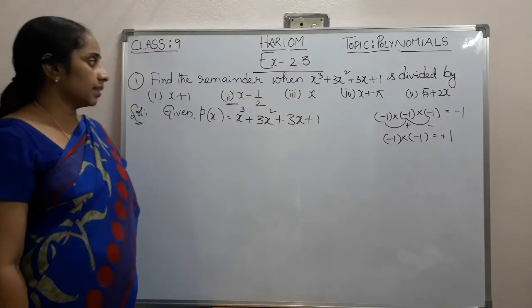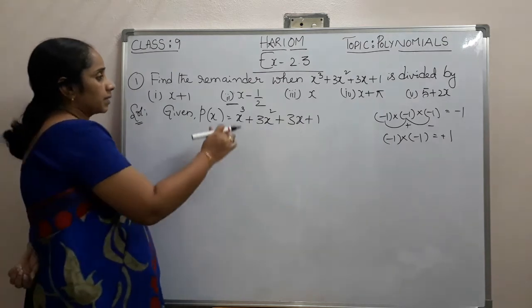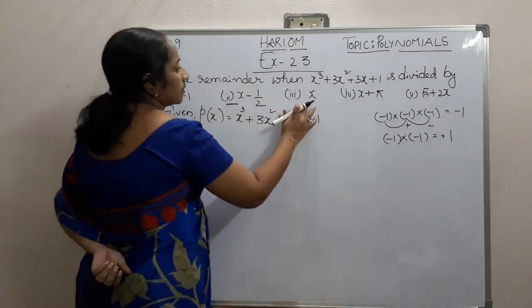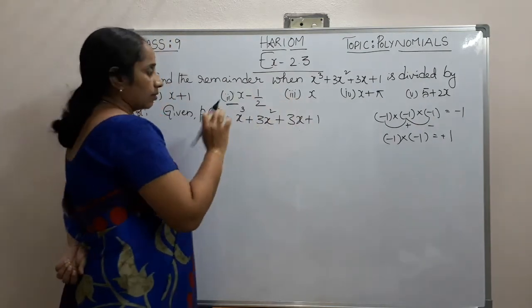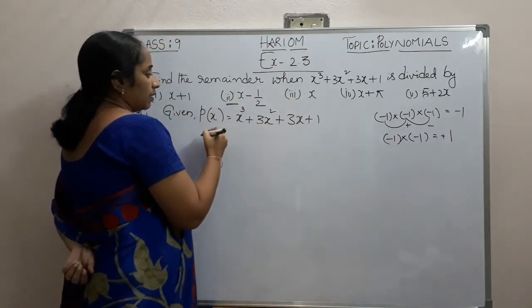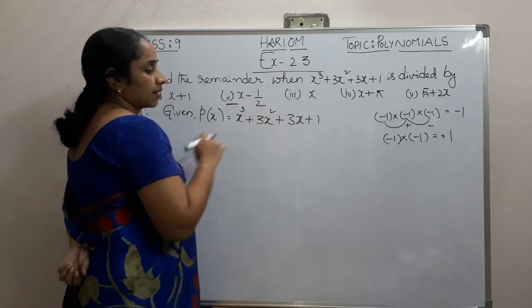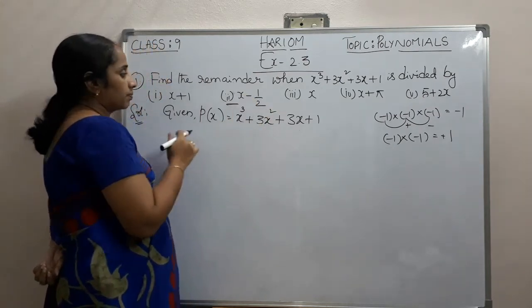Here p of x is equal to x cube plus 3x square plus 3x plus 1, and they have given to divide with x. Okay, now meaning p of x directly we have to substitute.